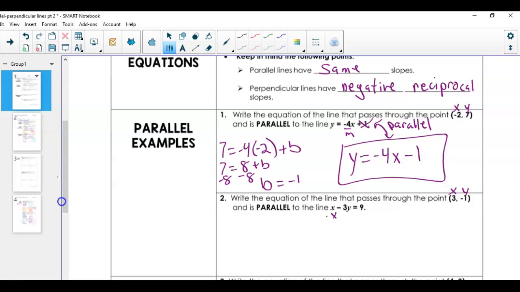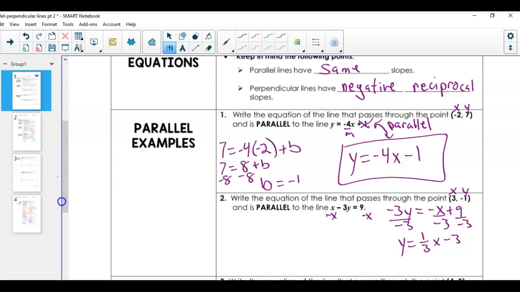So I'm going to move x to the other side, left with -3y minus x plus 9, and then I'm going to divide everything by -3. So that leaves positive y equals positive 1/3 x minus 3. That's what that equation is.